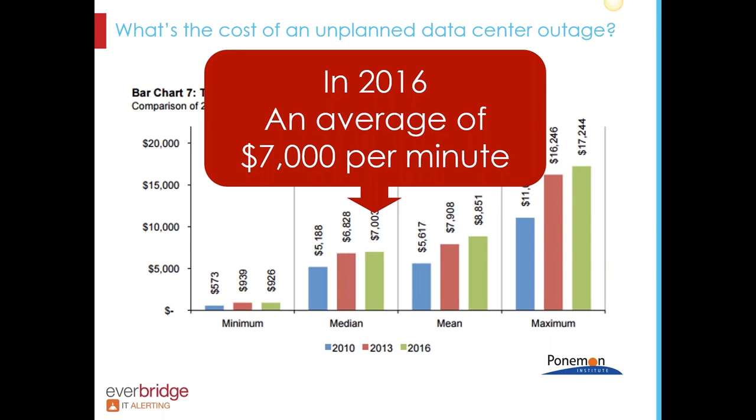And this is what your business is going to be looking at. On top of this, as you know, unplanned outage means for us in IT, unplanned work. That means things that we're going to have to work on which was not scheduled, was not planned. So this is also introducing disruption within the IT teams. So again, $7,000 per minute. That's a number that we should all keep in mind.